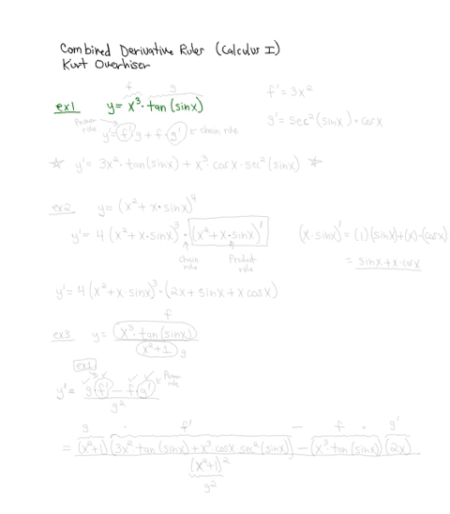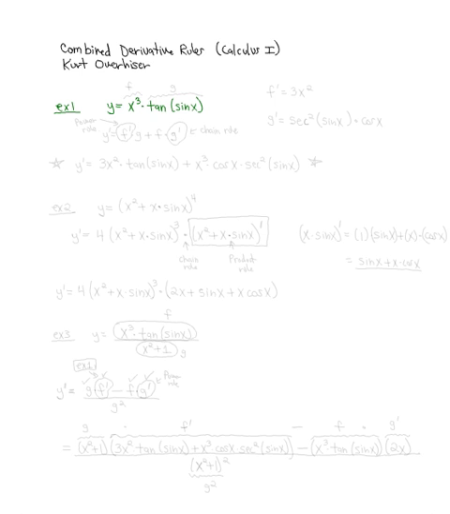Okay, with this function, because there's a multiplication, x cubed multiplied by the tangent of the sine of x, you probably guessed correctly that we're going to be using the product rule, which we have to use when you're multiplying two functions together. But in addition to the product rule, we also have to use the chain rule.